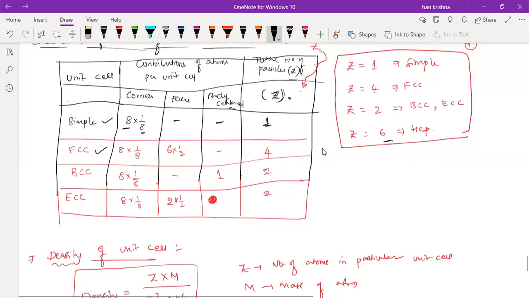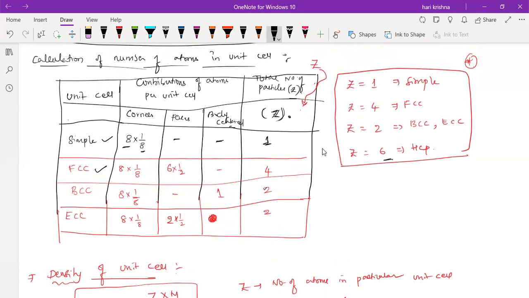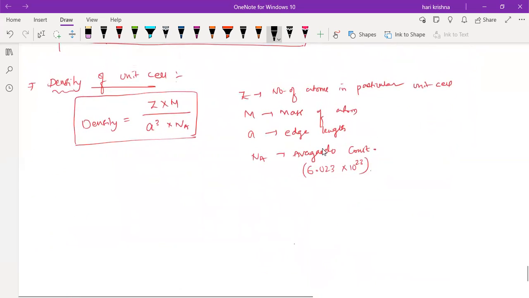Is it clear up to this? Or any doubts? Clear, sir. The next one is the density formula. So this is the density formula: Z into M by a cube into NA.